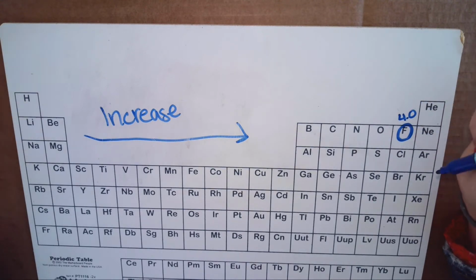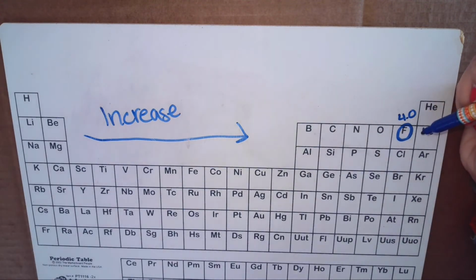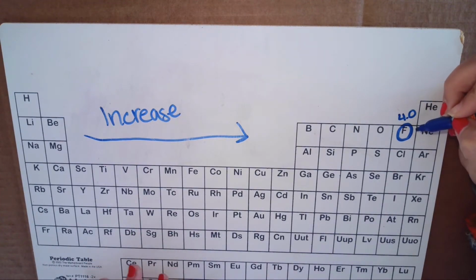Now, if we think back, electronegativity means how bad an element wants electrons. So do you think fluorine gives electrons or takes electrons? If electronegativity means how bad an element wants it, and fluorine has the highest, it has the highest want of electrons. It takes. It steals like crazy. It does not share at all.